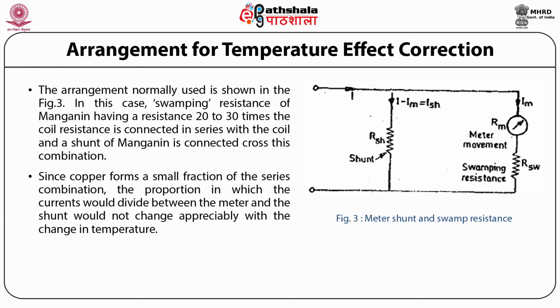Since copper forms a small fraction of the series combination, the proportion in which the currents would divide between the meter and the shunt would not change appreciably with the change in temperature.